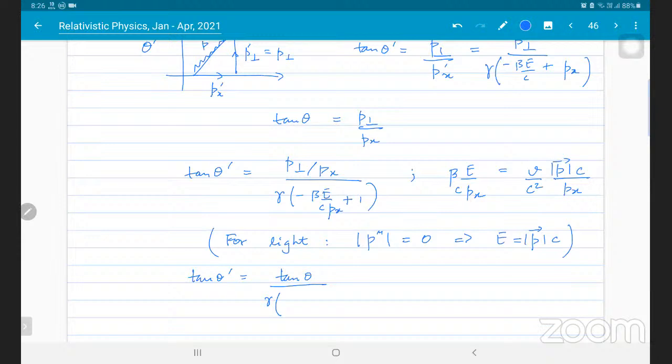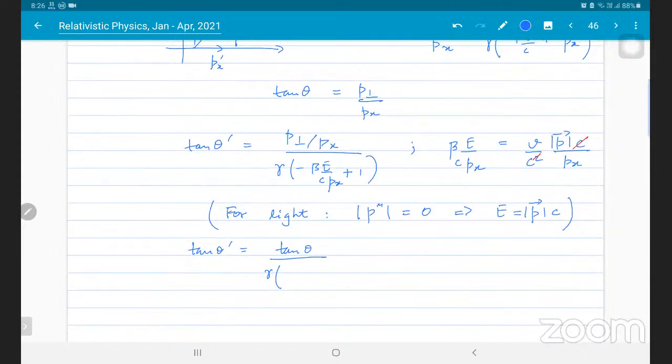Now in this expression, what do you get? First of all, this factor of C cancels out. Did I do that right? I hope so. And you get minus V by C. Now what is this quantity?